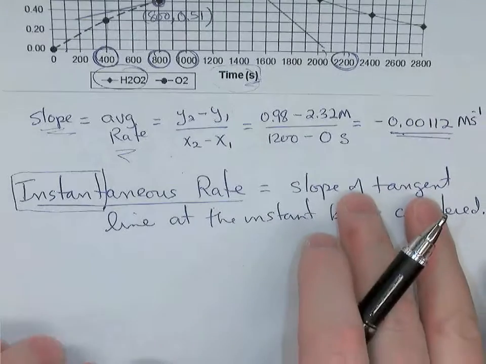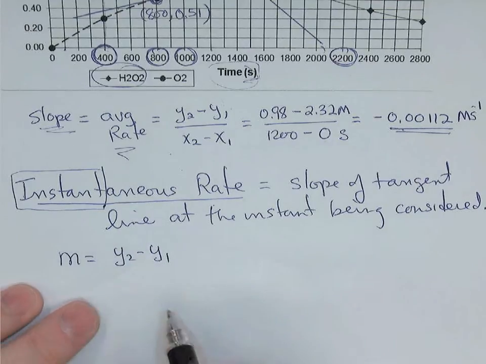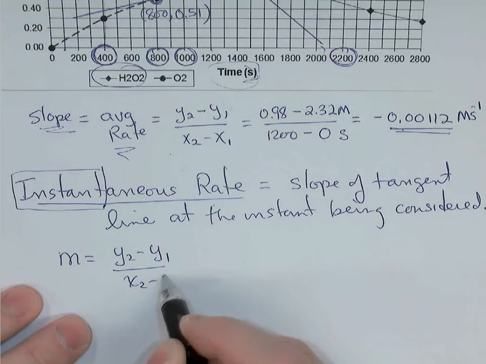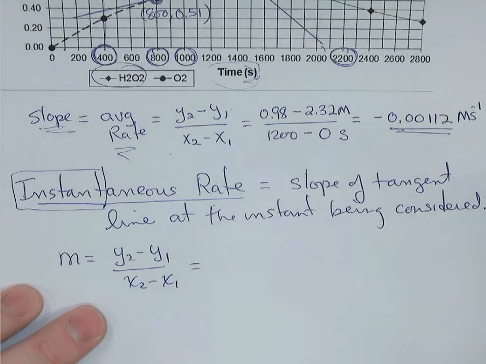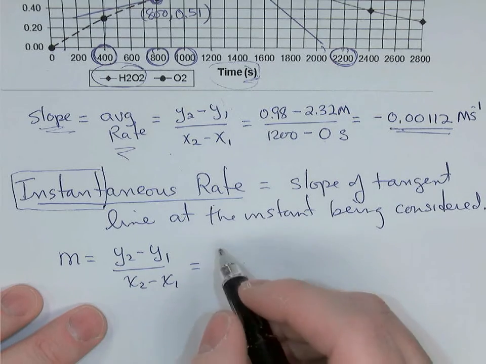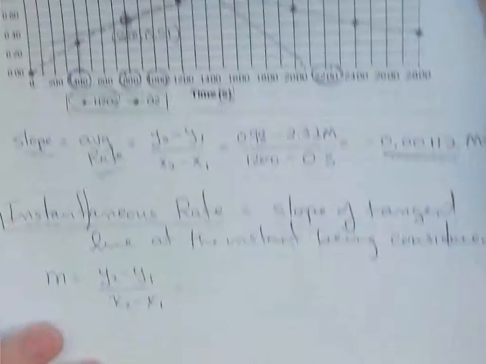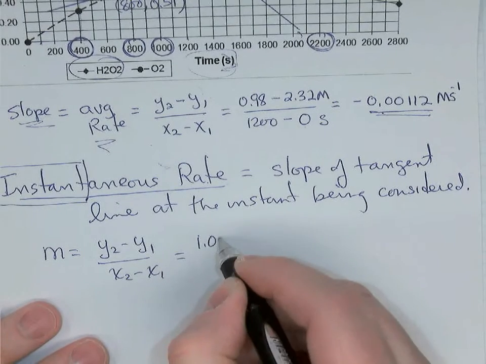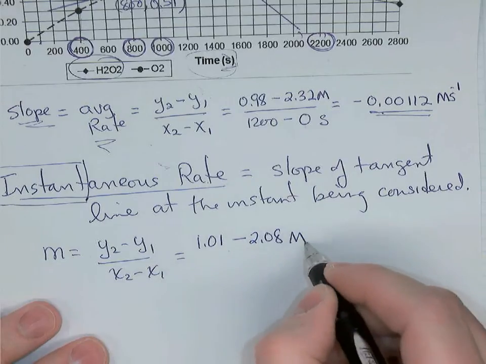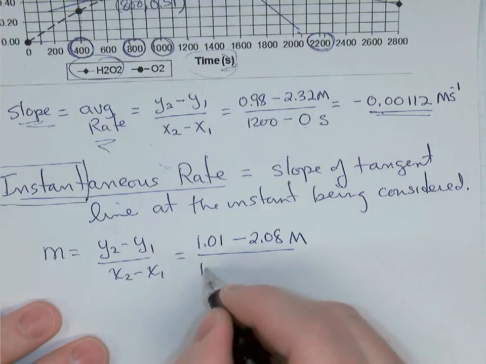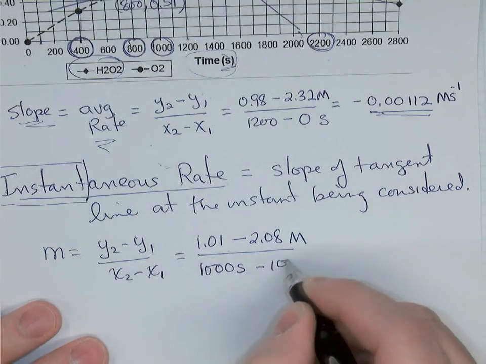Slope is y2 minus y1 over x2 minus x1, and using those 2 points that I just picked, either one can be point 1 or point 2, so I'll just arbitrarily use the 1,000 second as my point 2. So its y value 1.01 minus the other y value 2.08, and those are molarities, over 1,000 seconds, the x value of the second point, minus 100 seconds, the x value of the first point.